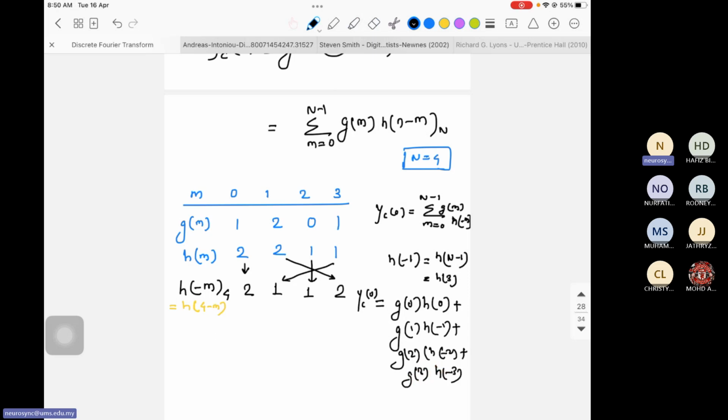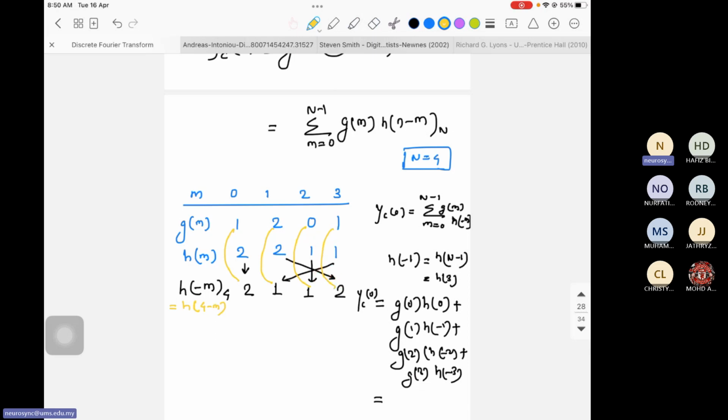So I have expanded this term like this. Now g of 0 is this, h of 0 is this, g of 1 is this, h of minus 1 is this. So we need to multiply these to calculate yc of 0.